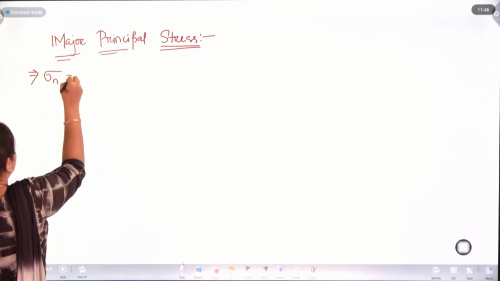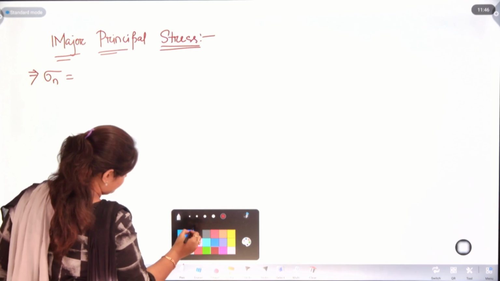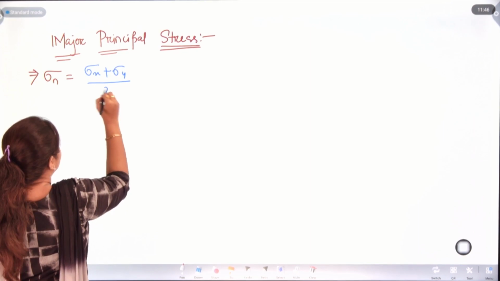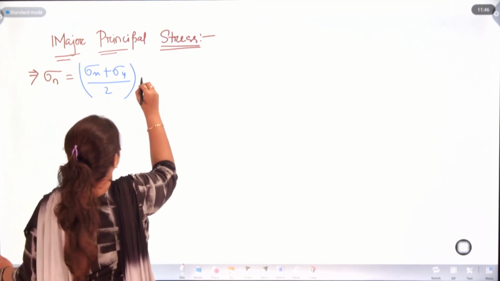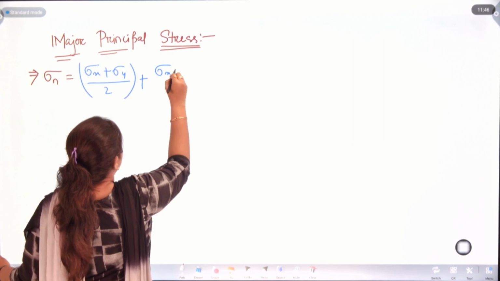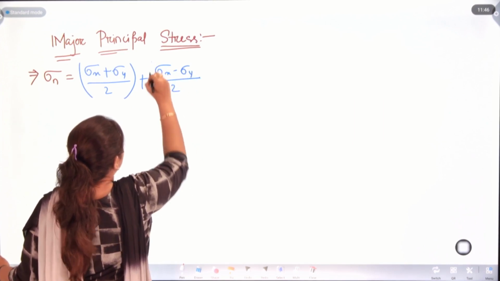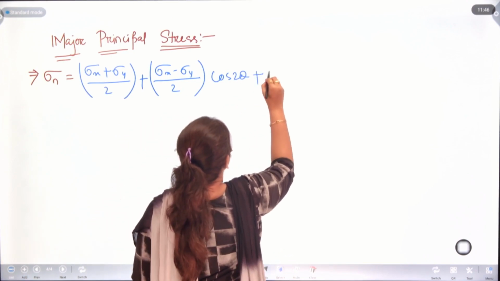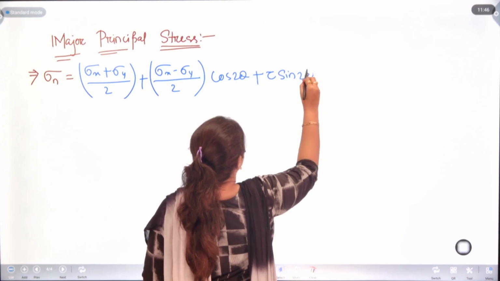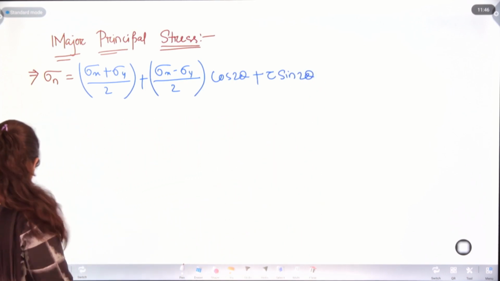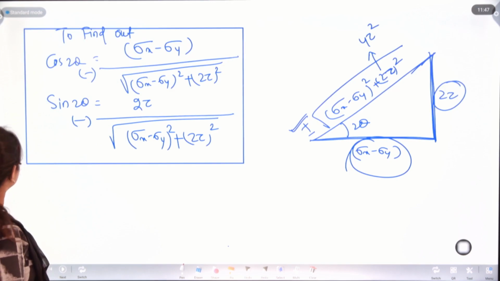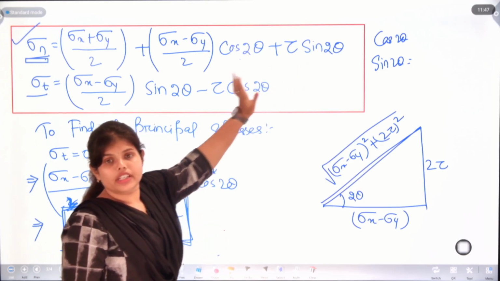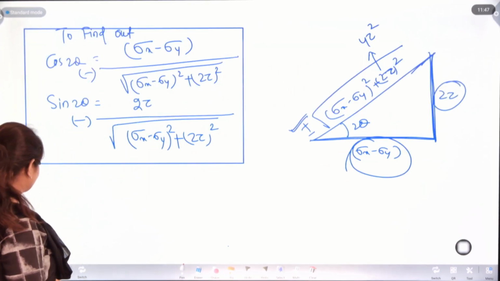So our sigma n will be sigma x plus sigma y by 2 plus sigma x minus sigma y by 2 into cos 2 theta plus tau sin 2 theta. Let's just recheck the formula. All positive signs, cos 2 theta here and tau sin 2 theta here.